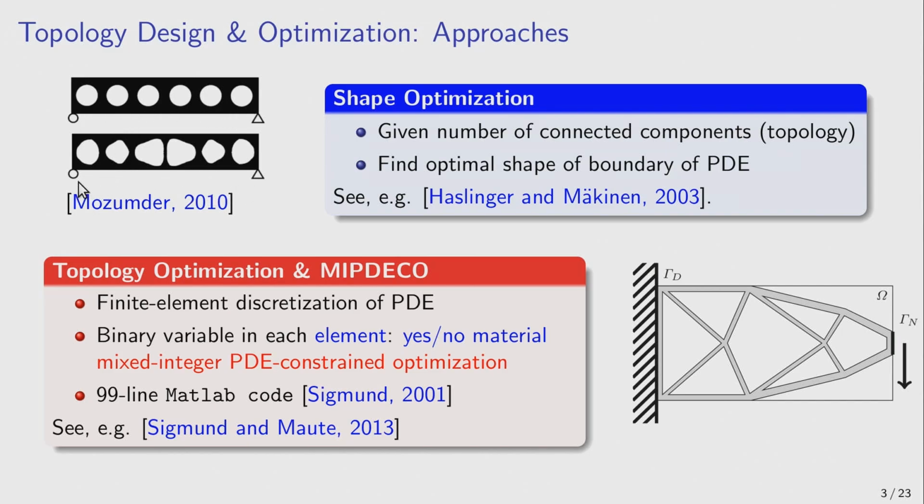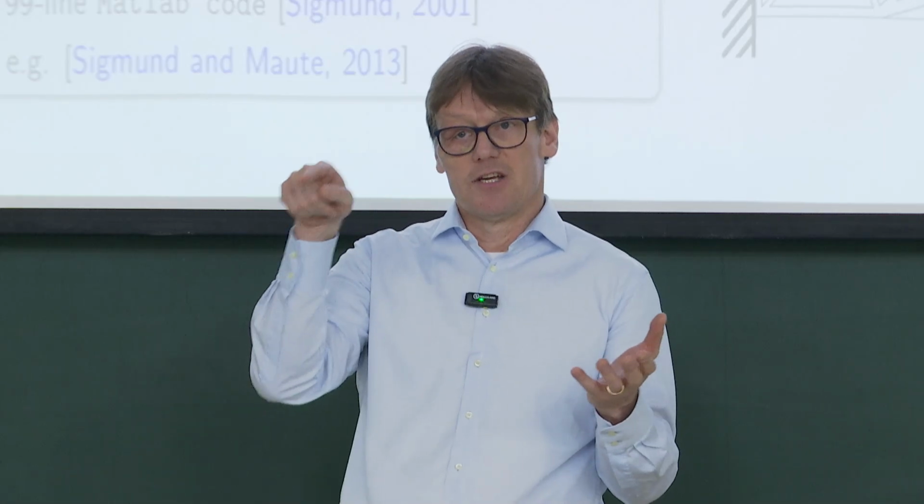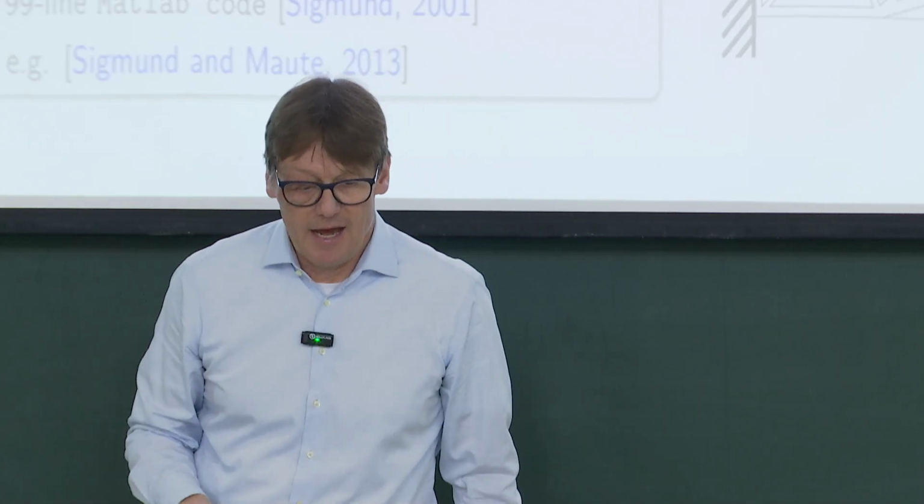This object rests somewhere, there's some symmetry, and you have a certain load. This could be, for example, the outline of a bridge. And then you allow the shape of these holes to change while you're doing the optimization. So you're optimizing with respect to the shape of these holes.